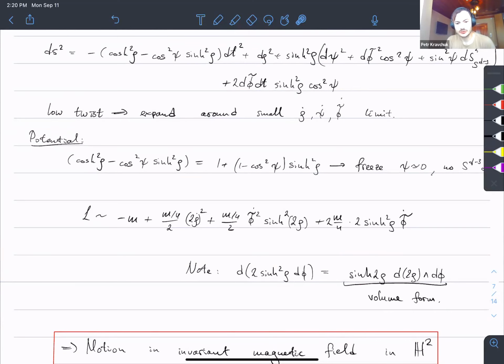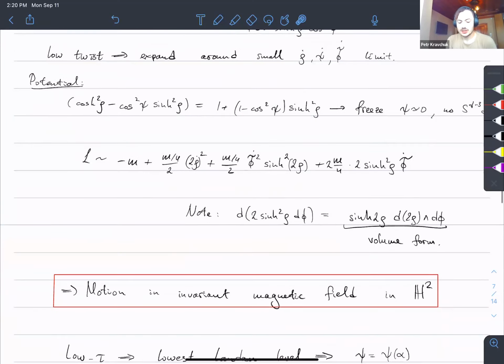You're kind of spinning very fast in some sense. And effectively, there is a kind of a magnetic field also.